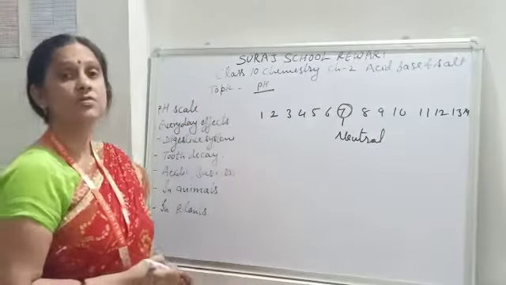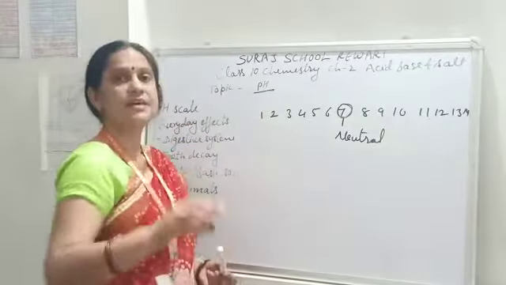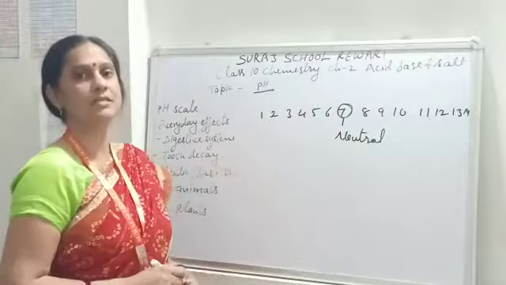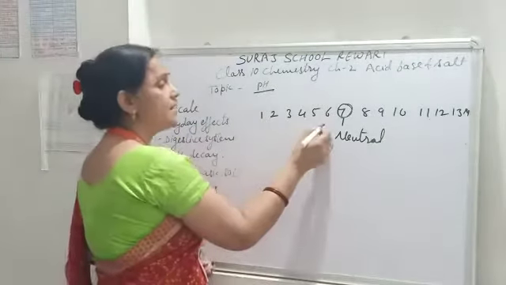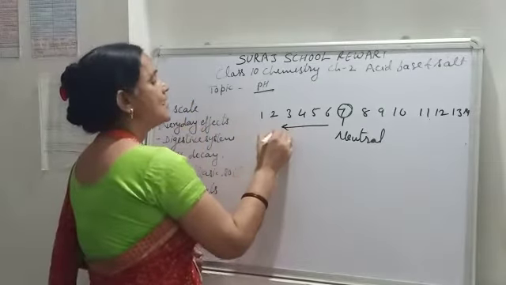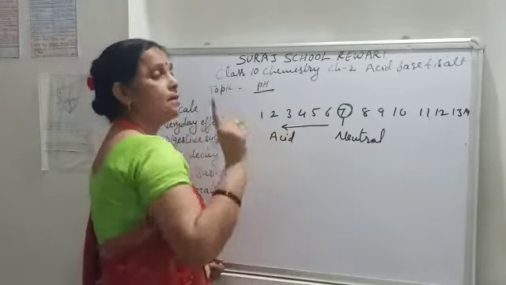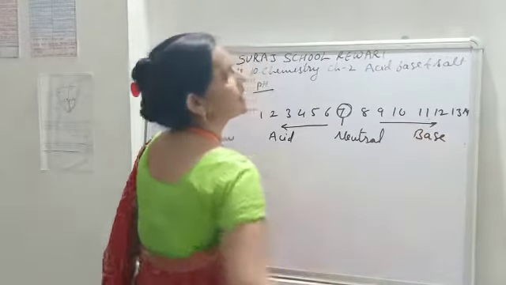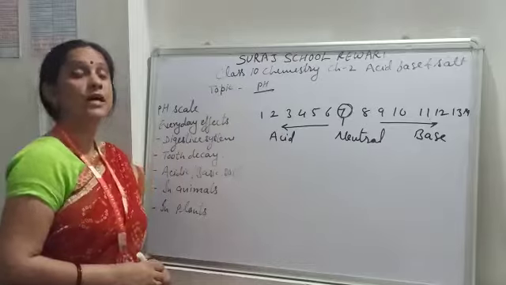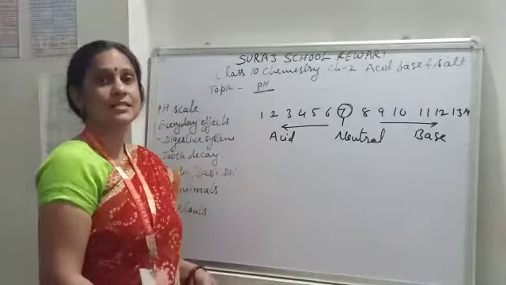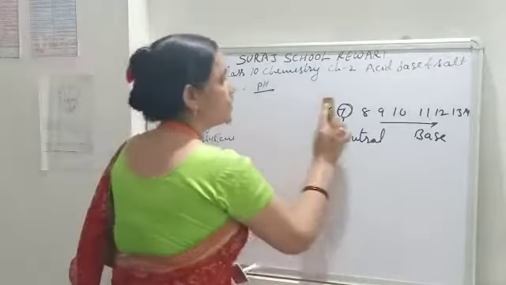Means the solution which has pH 7 is neutral in nature, neither acidic nor basic. Whereas pH less than 7 is acidic in nature and pH more than 7 is basic in nature. So with the help of pH we can judge that the solution is acidic, basic or neutral.